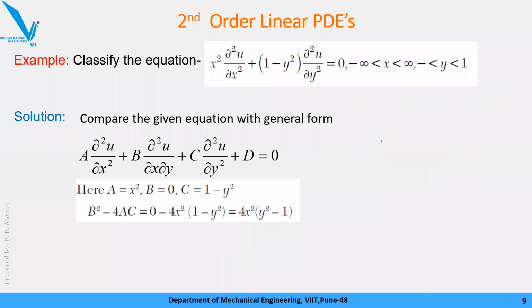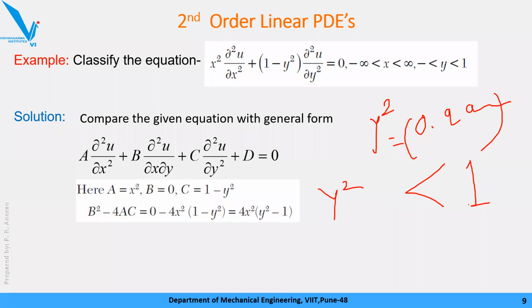So y's maximum possible value will be 0.9999 or less than that, and towards minus 1 also. If you take the square of it, even then it will be less than 1. y square will always be less than 1.